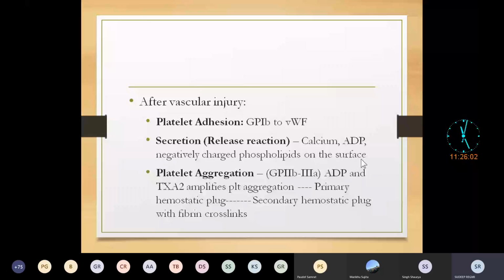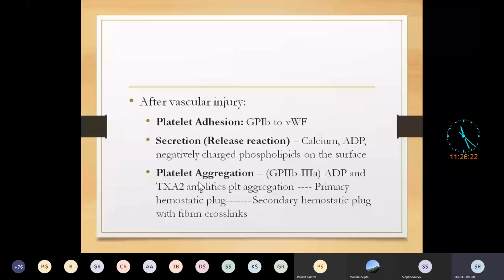For the propagation of the coagulation cascade, negatively charged phospholipid is essential. This is also provided by the platelet, and there will be platelet aggregation.